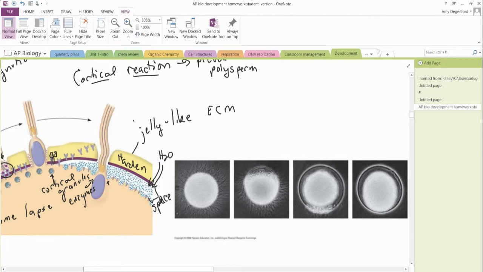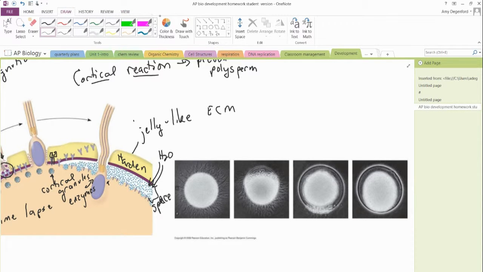What you're seeing as little white wavy lines in this picture are actually sperm cells. You can see here would be where the sperm cell has fertilized that egg. And how do we know? Well, we know because that's where the cortical reaction has started.